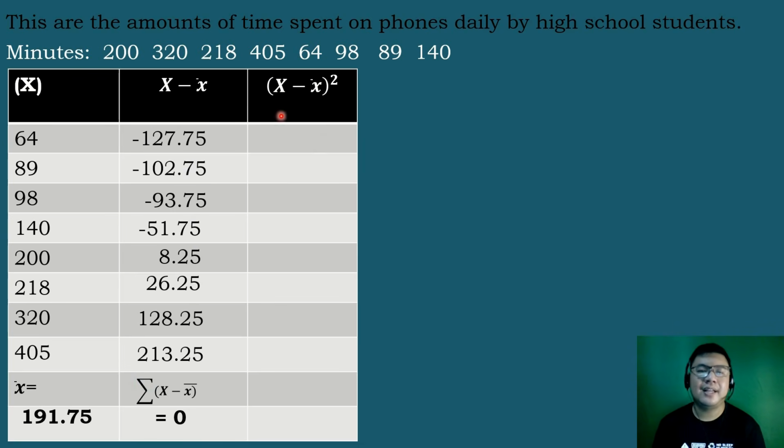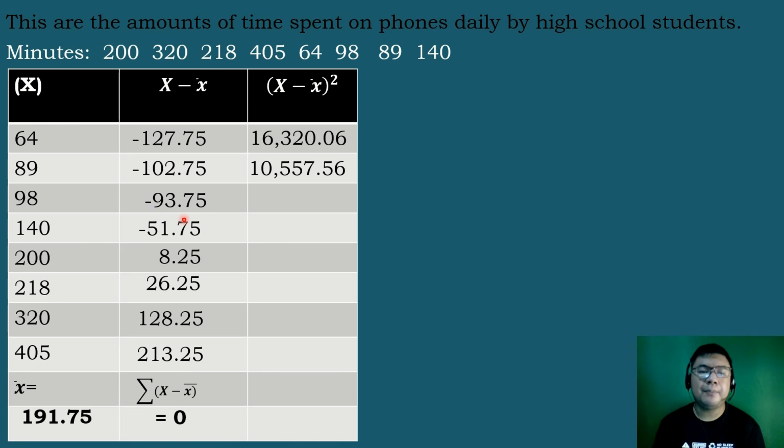After that, let's get the summation of each value minus the mean raised to the second power. So we will just square these numbers. Negative 127.75 raised to the second power, or multiplied by itself, is equal to 16,320.06. Negative 102.75 squared is equal to 10,557.56.